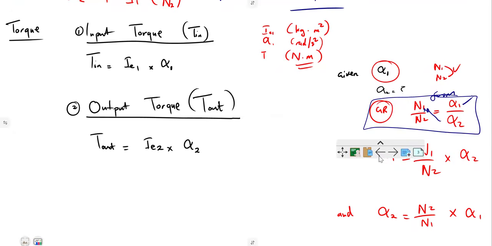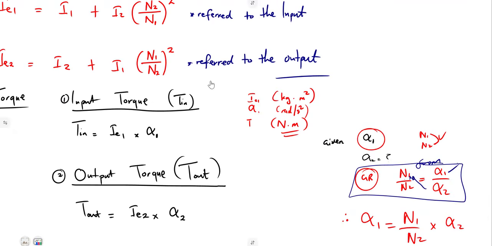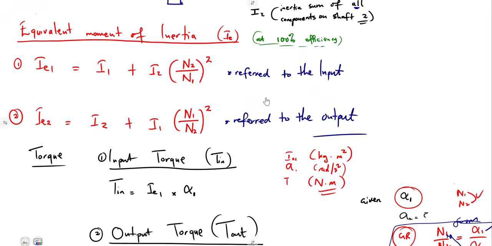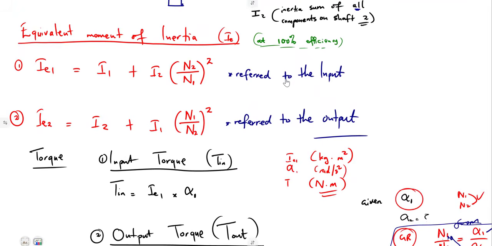If you consider what I just had here, it was based on 100% efficiency of the system, or when we are not given the efficiency, we assume it is 100%.